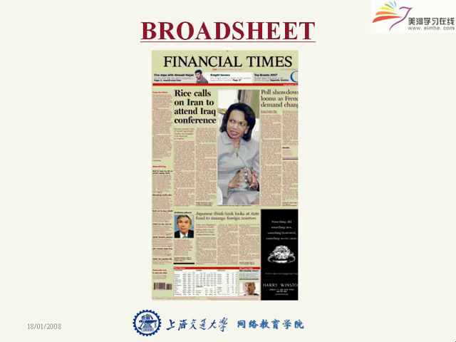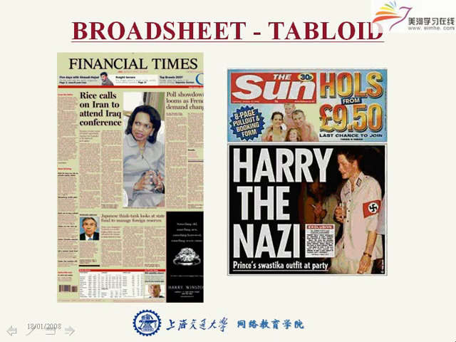Now then we have the compact format, and the compact format is most of the time about the same size as the tabloid format. Why do we have a third word? Because meanwhile, during history, if you said tabloid, it's the same as saying not good quality. And if you say broadsheet, it's the same as saying high quality.